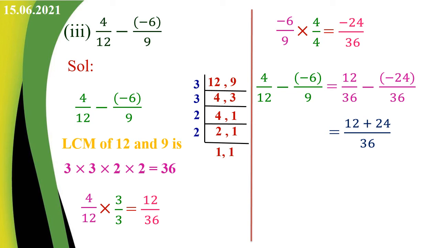So now we want to multiply the sign. Minus into minus plus. Here 12 plus 24 by 36. Now we can add the values. 12 plus 24. We get 36. The expression is 36 by 36. Now cancel it. We get 1. The answer is 1.